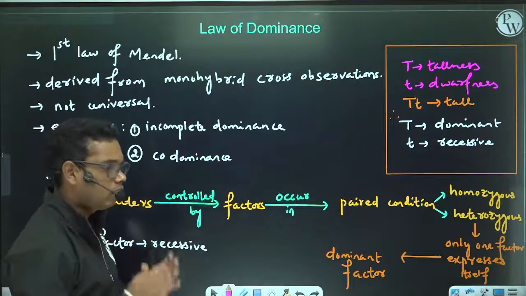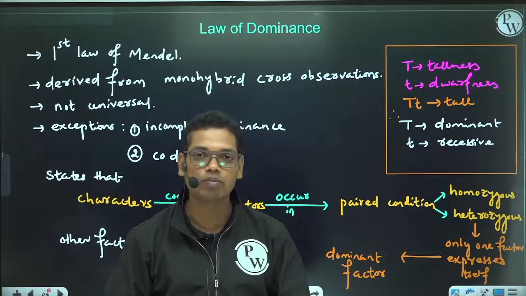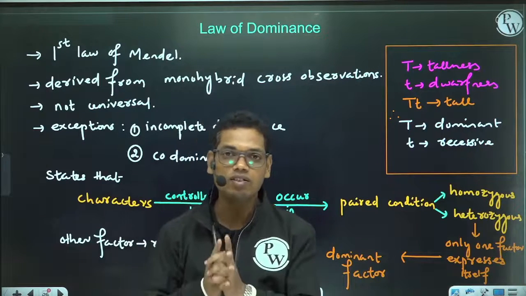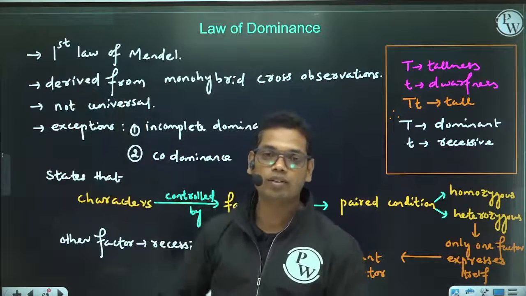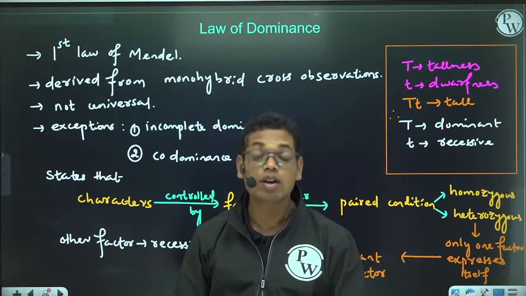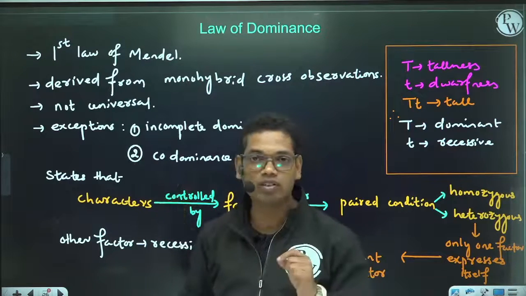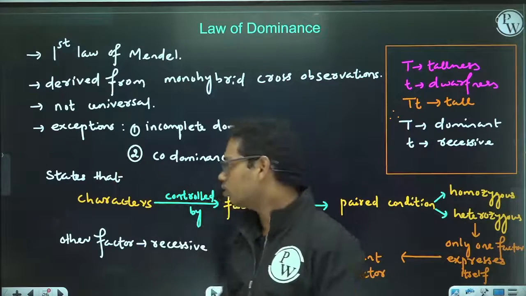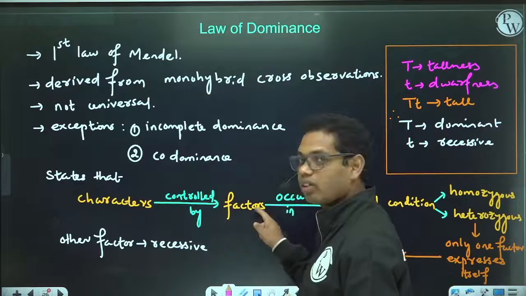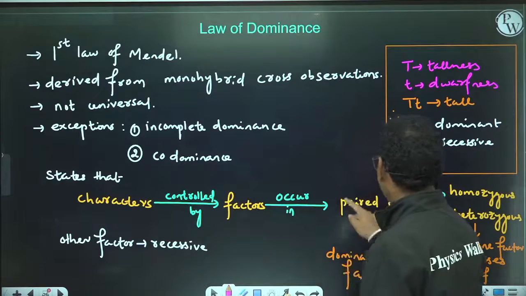Let me repeat. From the observations of Mendel's monohybrid cross, he gave this law, and this is the first law of Mendel, the law of dominance. It has some exceptions, like incomplete dominance and codominance, and that is why it is not universal. This law says that every character is controlled by factors, and those factors in every individual occur in paired condition.